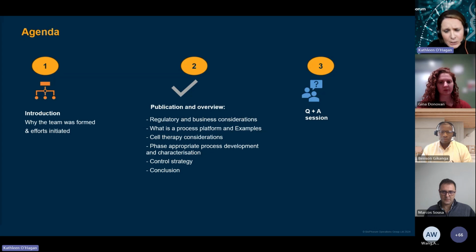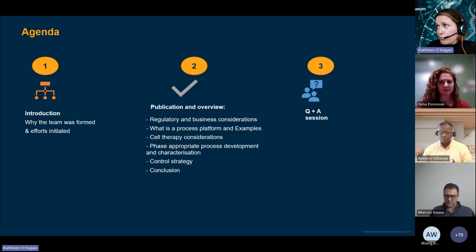Just to flag, the scope of this work was very much around process platforming. We did decide as a team that analytical platforming was outside the scope of this work. So today's presentation will be focused principally on process platforming examples. Next, we'll move on to cell therapy considerations, and we acknowledge that there are unique challenges when it comes to cell therapy platforming approaches, and we'll look at potential opportunities within this space.